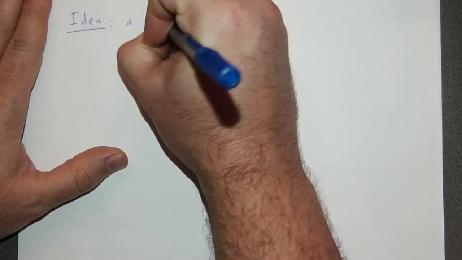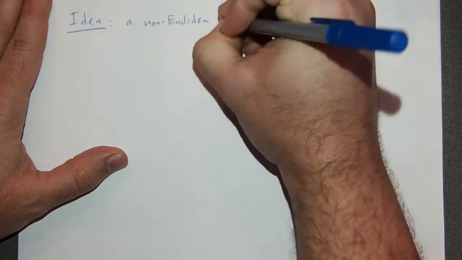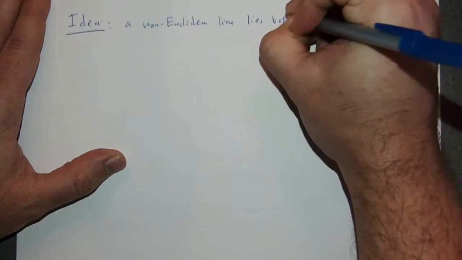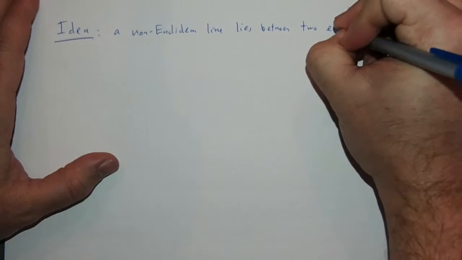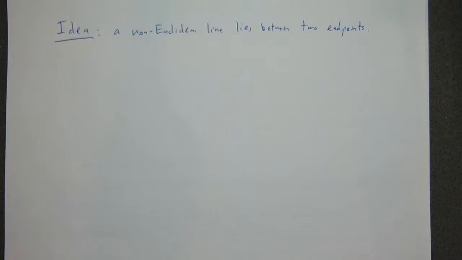And so you can actually determine a non-Euclidean line by its endpoints. So a non-Euclidean line lies between 2 endpoints.